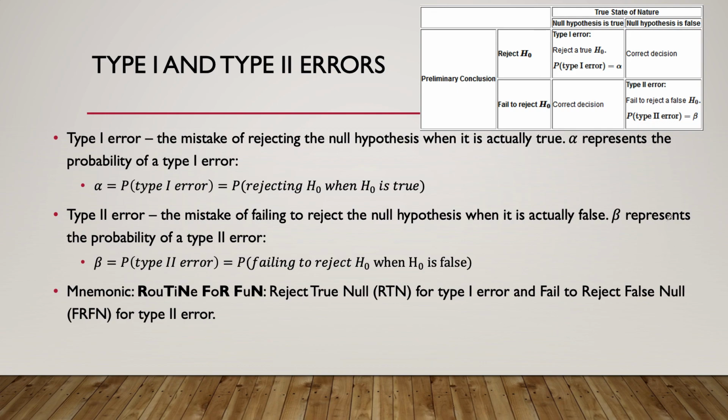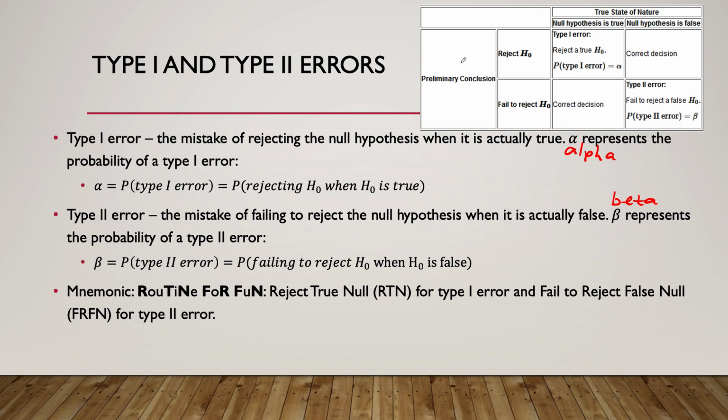Beta represents the probability of a type 2 error. So this is beta, this was alpha. So beta is the probability of failing to reject the null hypothesis when the null hypothesis is false.